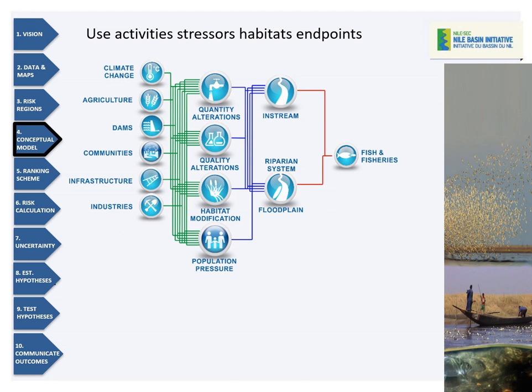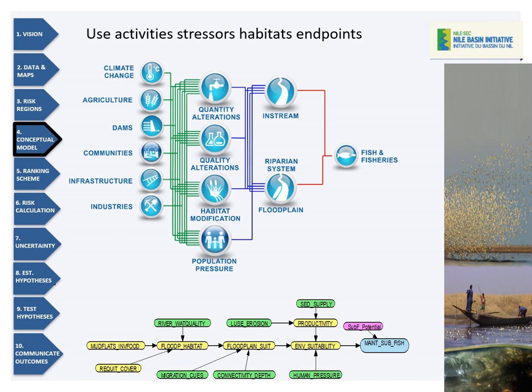Just to give you an example, from our unpacking of this initial conceptual model, in the context of this one endpoint, maintaining fisheries, we were able to represent this part of the socio-ecological system for the inner Niger Delta by considering that in order to maintain the subsistence fishery of the delta, we would first need to represent the potential for subsistence fishermen to occur within the delta and what their dependence on the resource would be, and whether or not the environment was in a suitable condition.